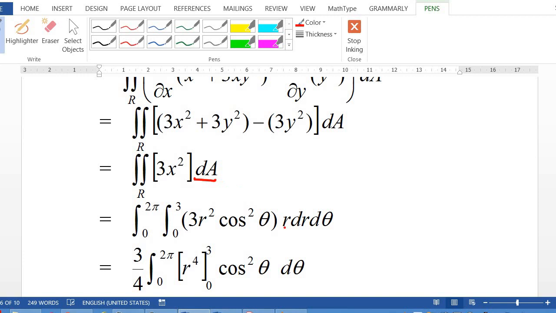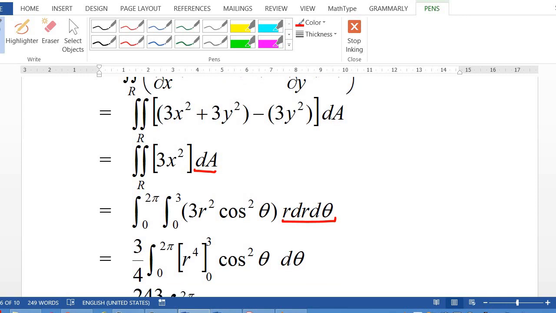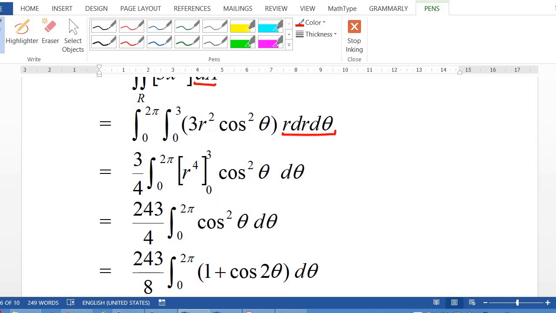Then dA in polar coordinates changes to r dr d theta, and x changes to r cos theta, so x squared will be r squared cos squared theta. R is from 0 to 3, theta from 0 to 2 pi, because your region R is a full circle centered at the origin. Now it is left to solve the double integral using polar coordinates.